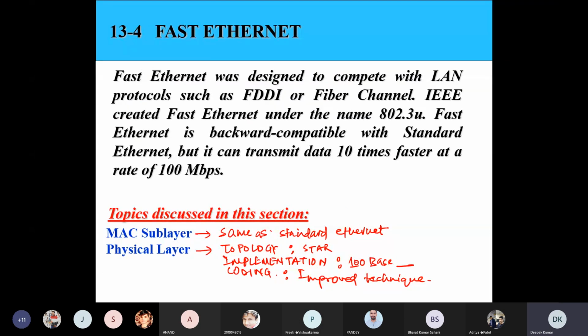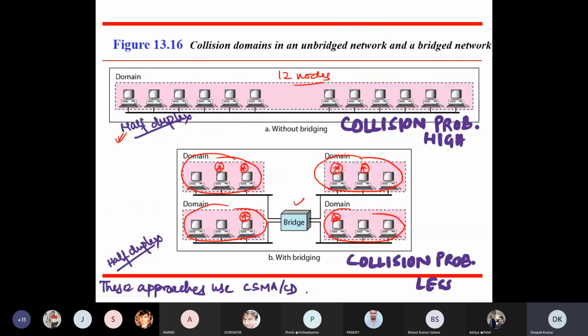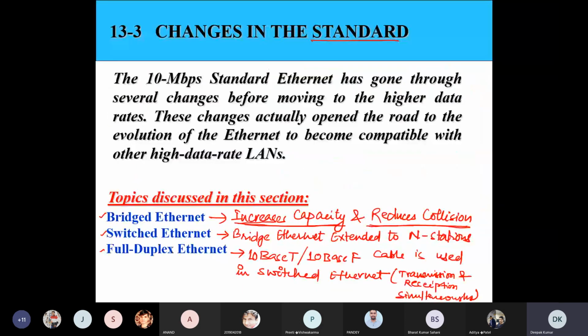Now, these were basically the network standards in which we can improve so that capacity can be achieved and collision can be reduced.